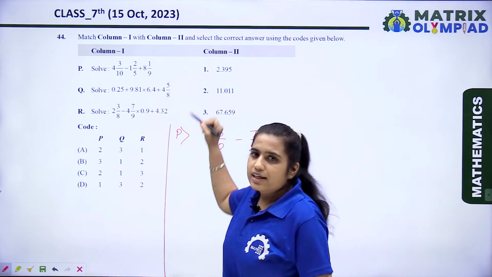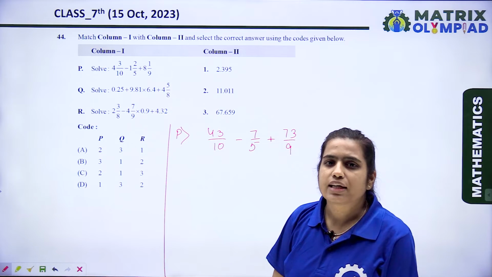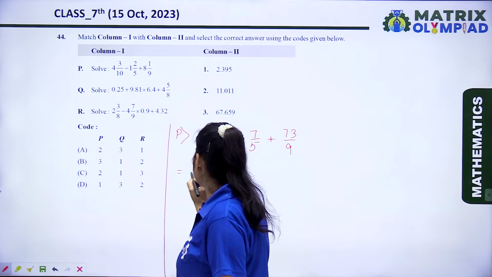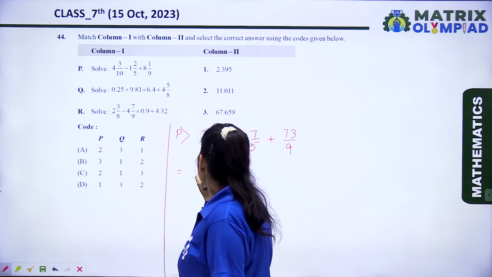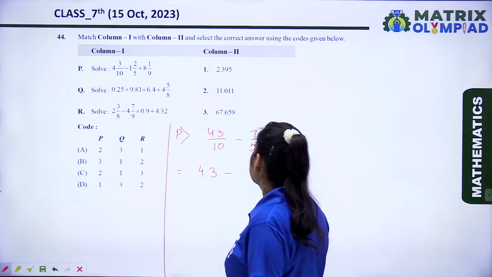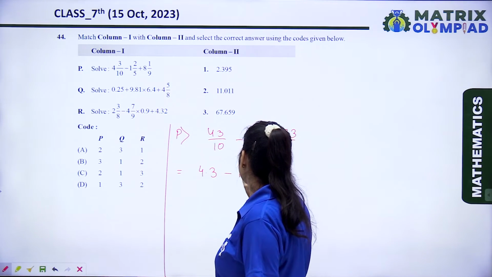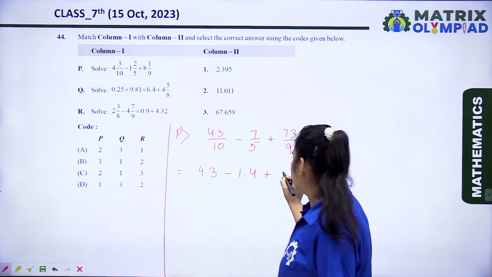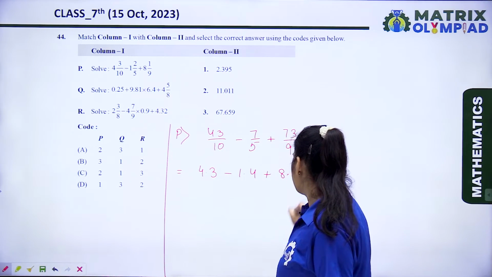Here we can see that in column 2 all the answers are in decimal form. So let's convert them into the decimal form. 43 upon 10 can be written as 4.3, minus 7 upon 5 can be written as 1.4, plus 73 upon 9 can be written as 8.11.